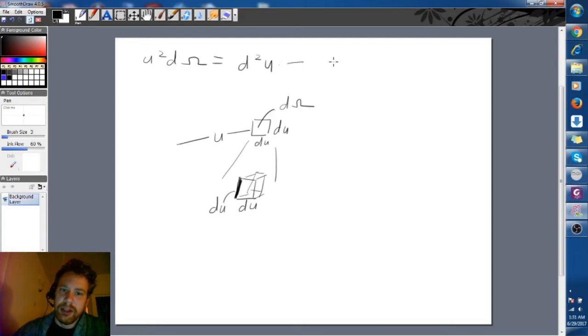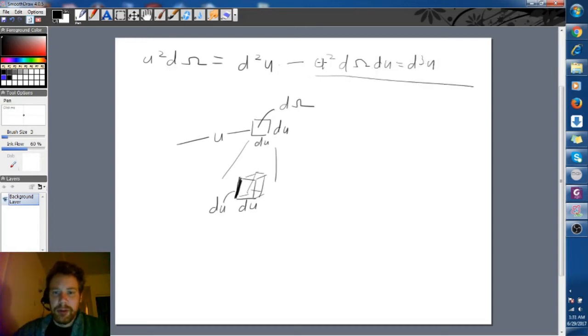So we can write u squared d omega du equals d cubed u. So that's where this comes from. I hope that's insightful for you. It took me forever to figure that out. Finally found it in some sort of obscure book on heat transfer.